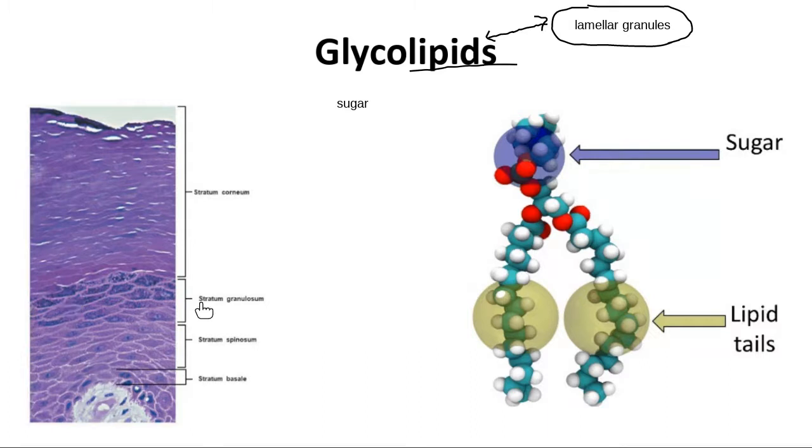So when a cell covers itself in glycolipids, water can't get close to it anymore, which is great if you're in stratum granulosum or you're in stratum corneum, where there's water coming from the environment. It's not so great, though, when you're in the lower part here of stratum granulosum and your nutrients and your oxygen are trying to come this way from below.